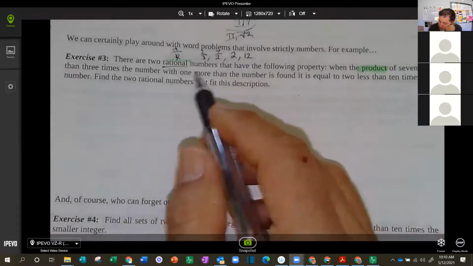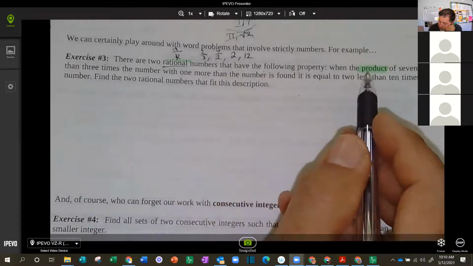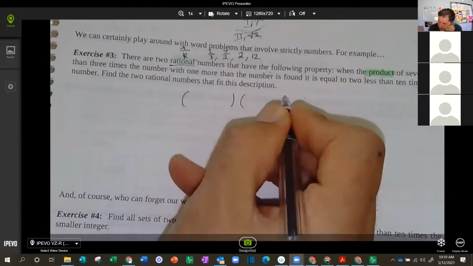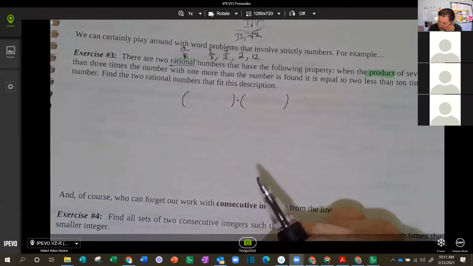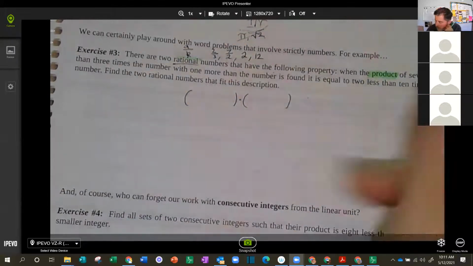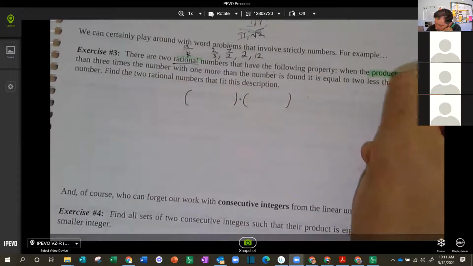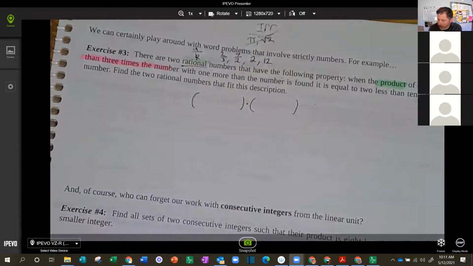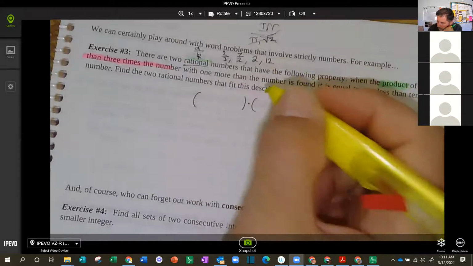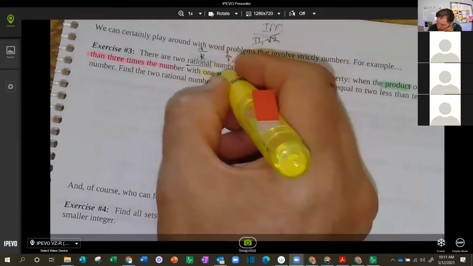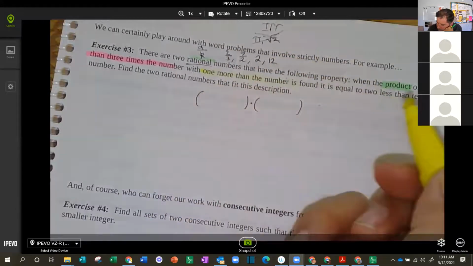So there's two rational numbers. They have the following property. The product. So first of all, we have a product of two numbers. All right, I'm just going to put that. The product of, and I need to figure out what this stuff in pink means. 7 less than 3 times the number. And I need to know what this yellow part means, because it's a product of the pink stuff with this, 1 more than the number.